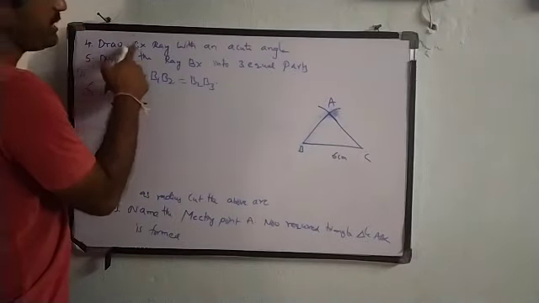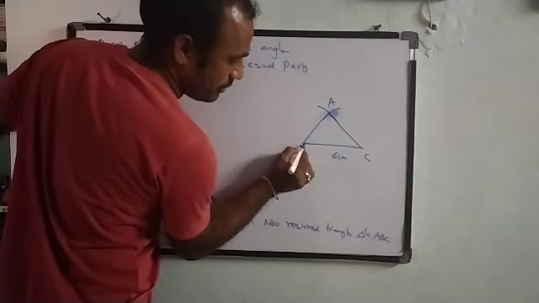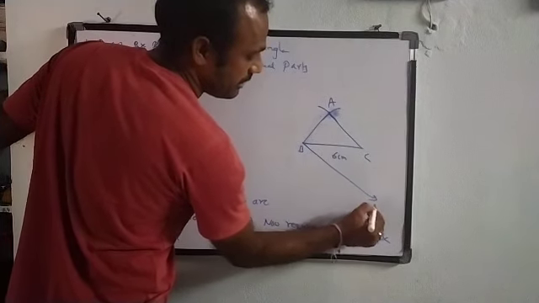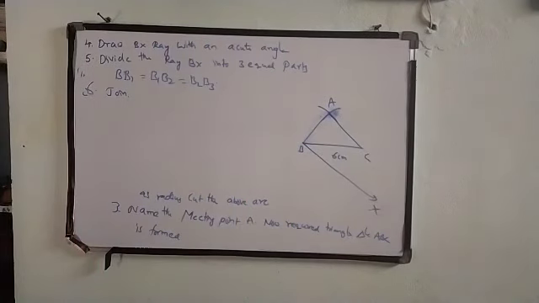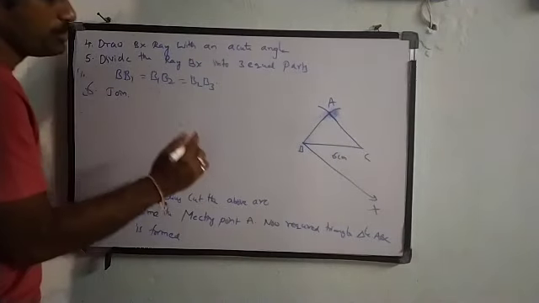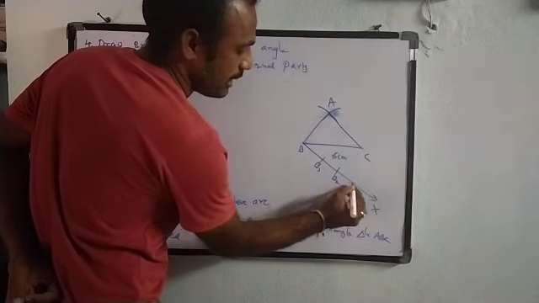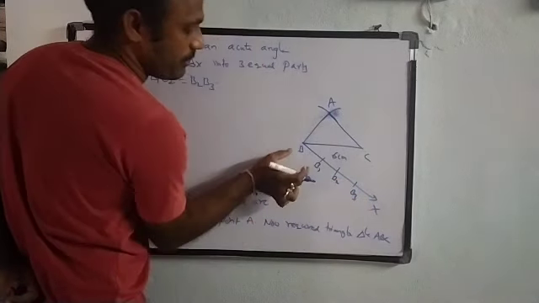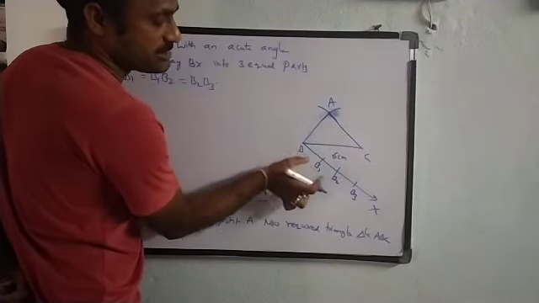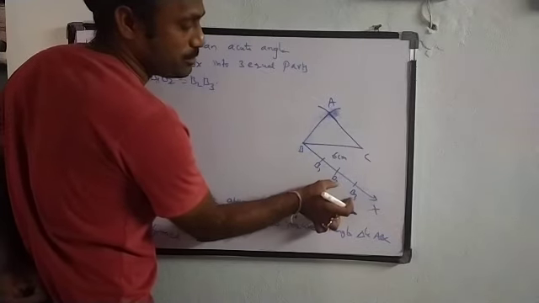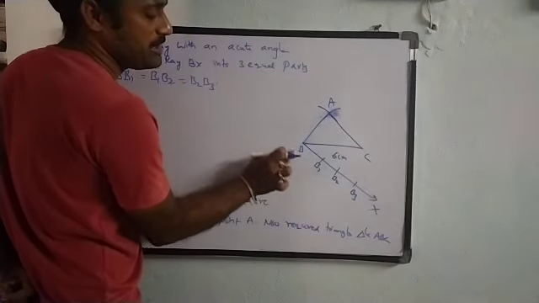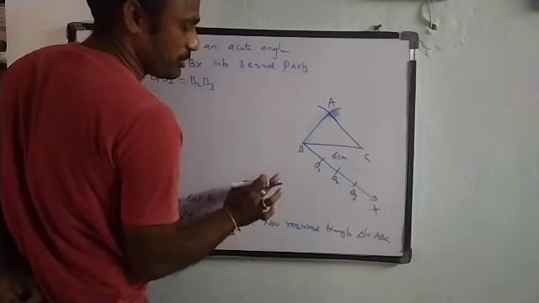Now what I have said here is draw the BX ray. From here I am taking an acute angle. It is the BX ray. This BX ray I have to divide into 3 equal parts. So this is B1, B2 and B3. Whatever the distance is from B to B1, B1B2 should be the same distance, and B2B3 should be the same distance. If it is 1 centimeter, all should be 1 centimeter only.